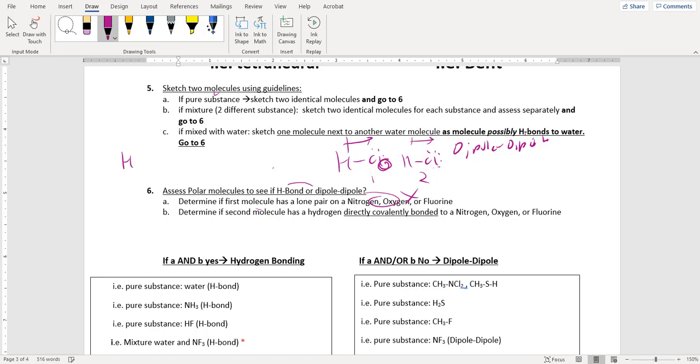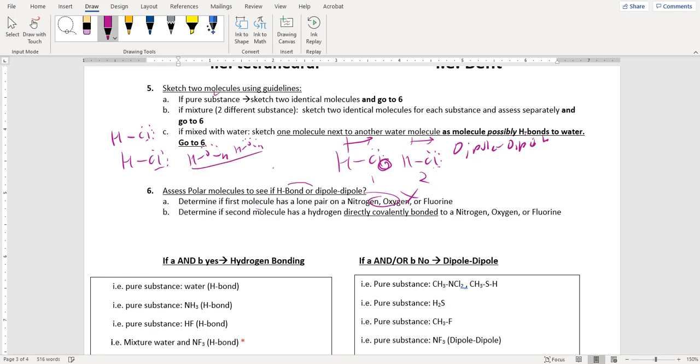Now let's say I had a mixture, and I have hydrogen chloride mixed with water. Well, then I'd have to draw duplicate molecules to figure out the intermolecular force for each of them.